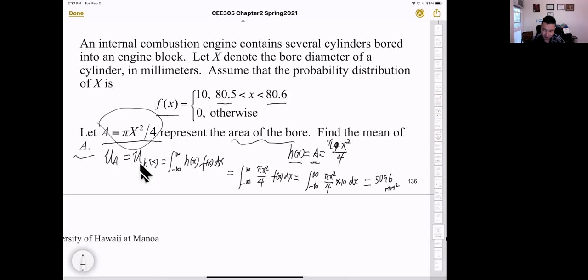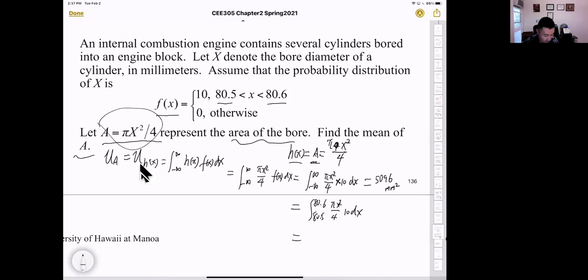So I simplified the procedure a little bit to save some time, but to write it down, it should be this: 10 dx. So the range is between 80.5 and 80.6.